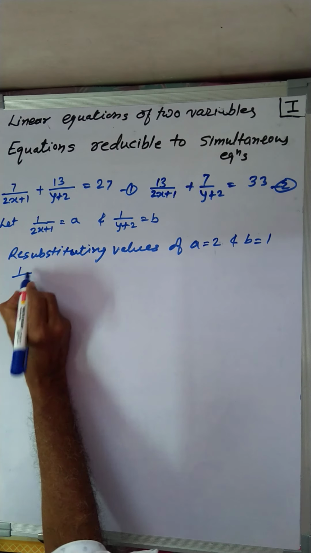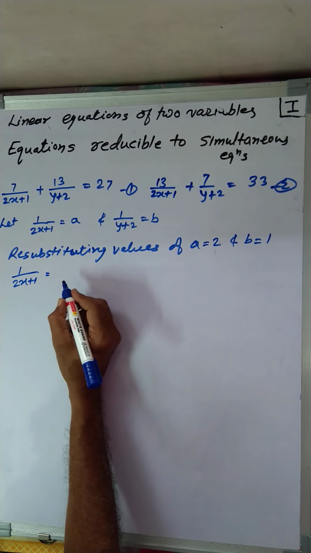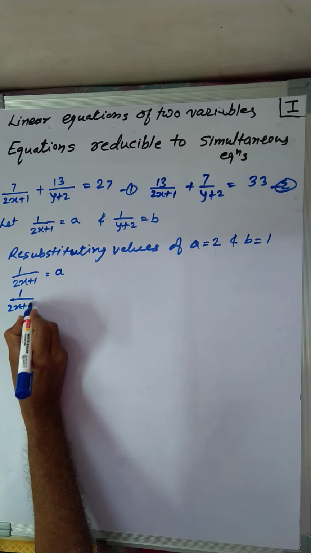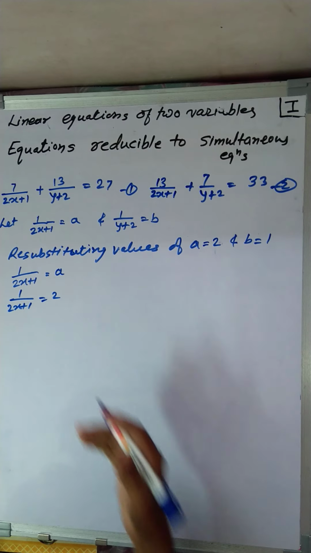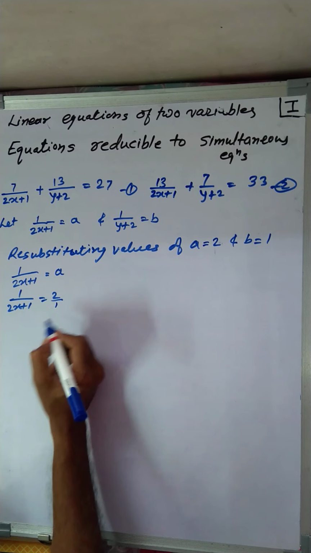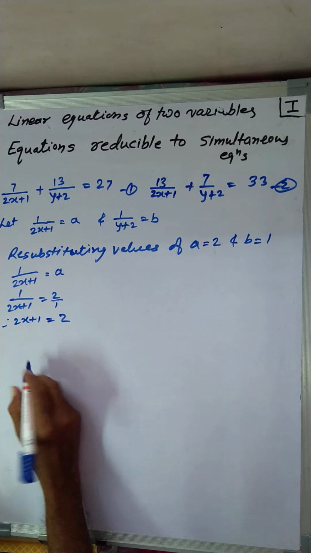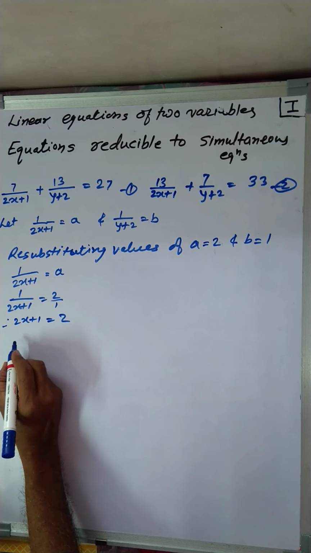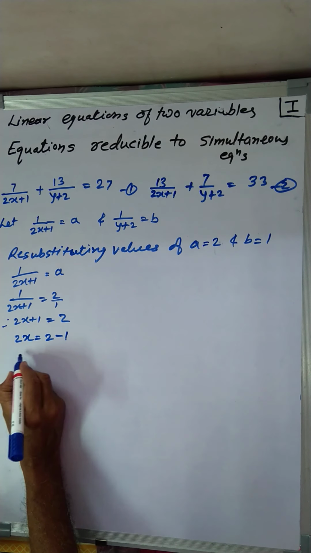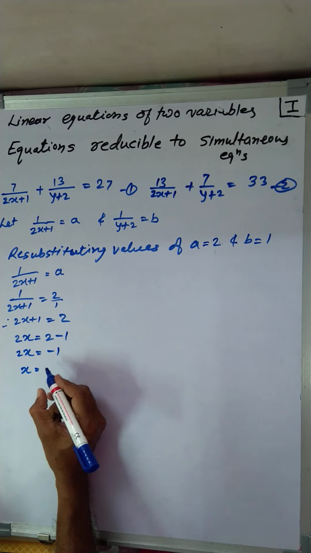That is 1 upon 2x plus 1 is equal to a. That is 1 upon 2x plus 1 is equal to 2. We get the reciprocal, 2x plus 1 is equal to 1 upon 2. Take the 1 to the other side, hence 2x is equal to 1 upon 2 minus 1.